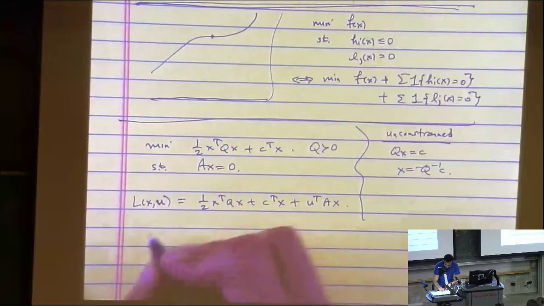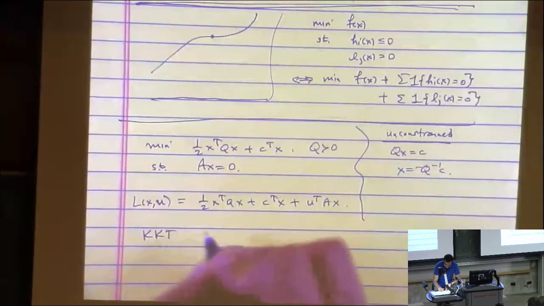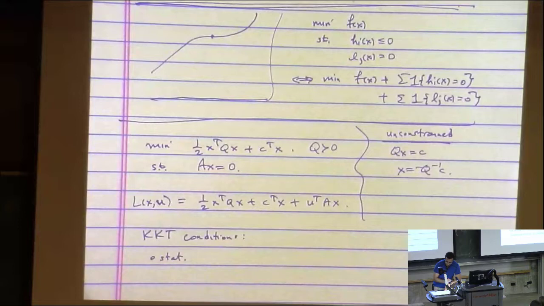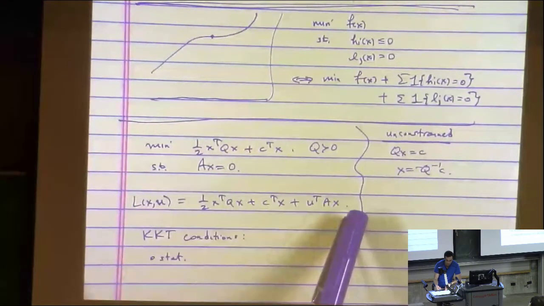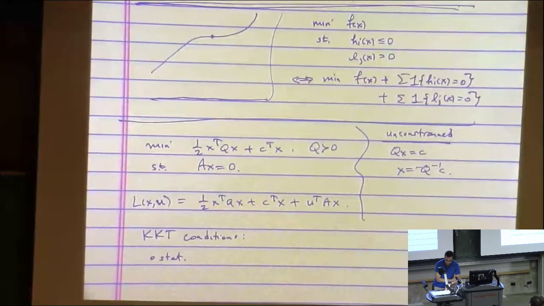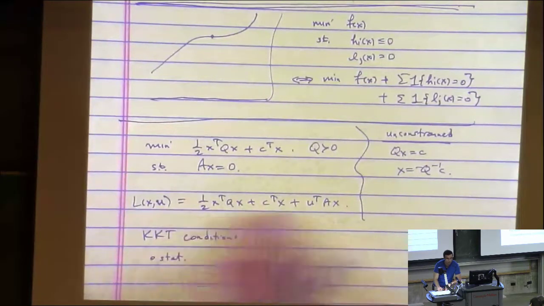Okay, so the KKT conditions are stationarity, the first one, which is just saying that if I take a subgradient of the Lagrangian with respect to x and set it equal to 0, that's stationarity. But this is convex, right?